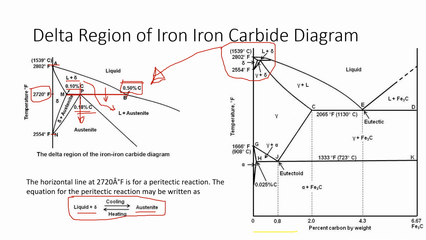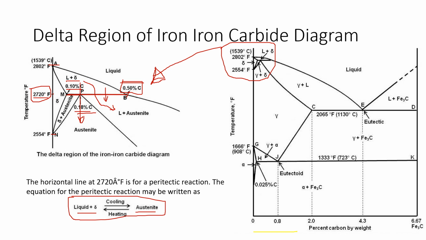But over here, it is important to note some reactions which will take place in this region. One is the peritectic reaction, which occurs at 2720 degrees. The other is that this region also depends upon the temperature and the composition of carbon, the weight percentage of carbon.